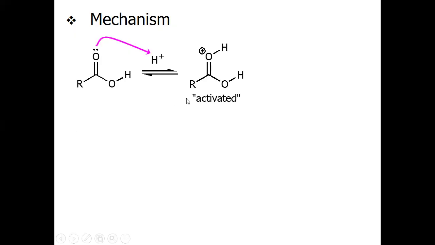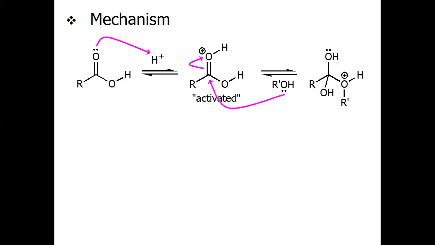We are just activating this carbonyl carbon. Now, this alcohol is not a good nucleophile, but because this carbonyl carbon becomes more reactive on protonation of this oxygen, and this carbon is more electron deficient, even this alcohol oxygen will act as a nucleophile to establish this tetrahedral intermediate.